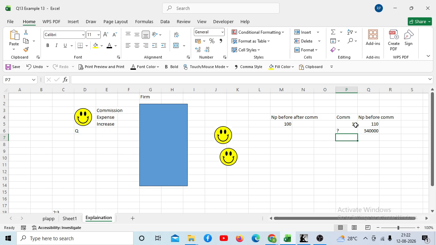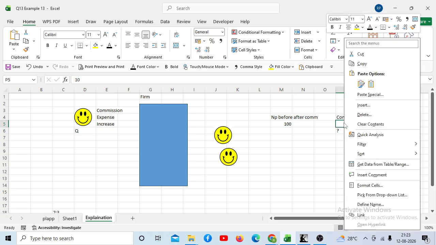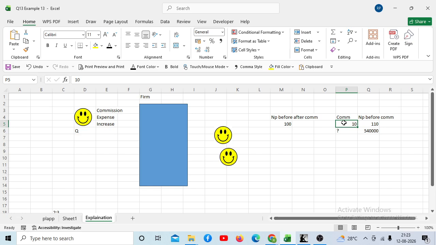See what they are telling: in the case of the second person, the commission is to be calculated on the profit after charging his commission. So we don't know what the profit after commission is. So we will say that profit after commission is 100. Commission at 10% will be 10.